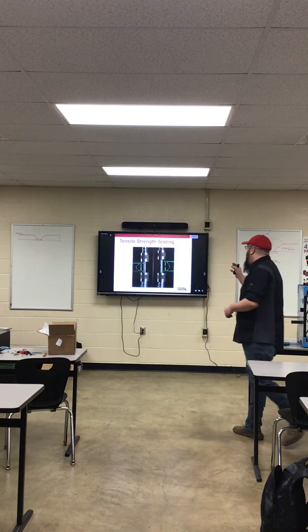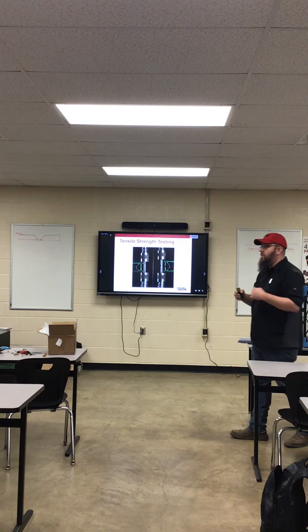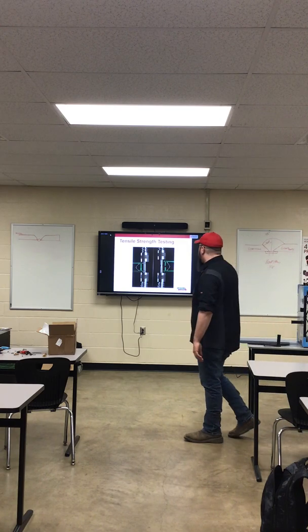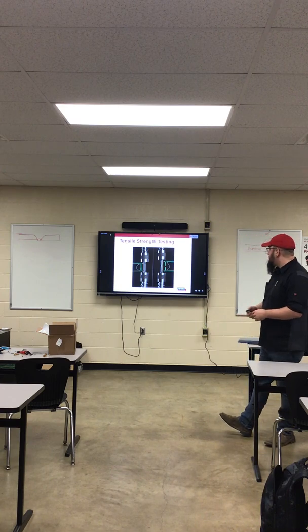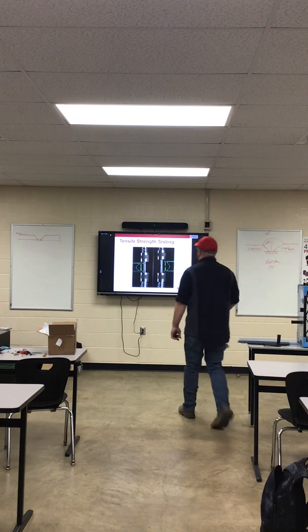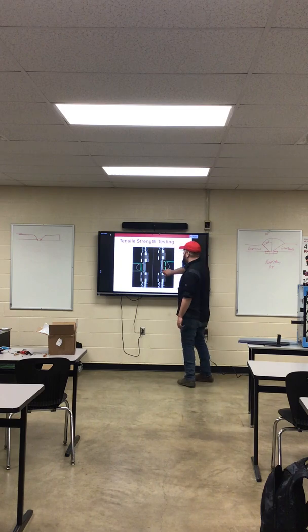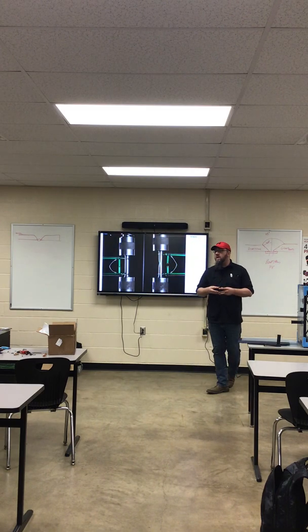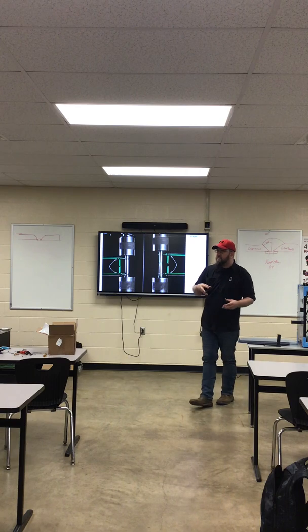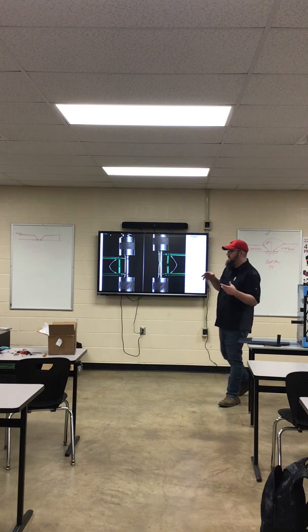This is an example of what happens in a weld test for tensile strength. We've got on the left-hand side an unpulled specimen. Now the key thing to pay attention to is here on the right-hand side. You see how the material starts to elongate? That material has gone past its tensile strength.